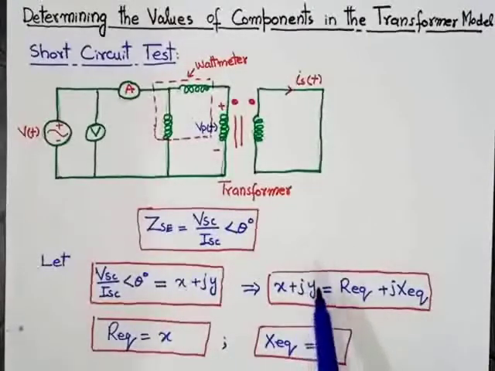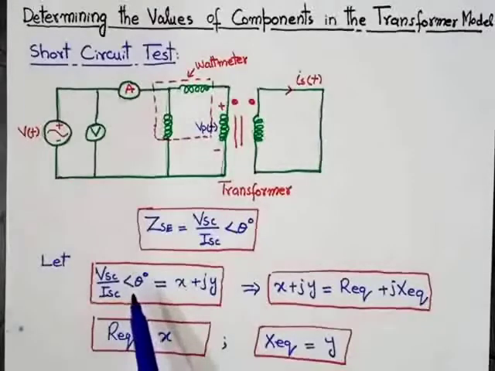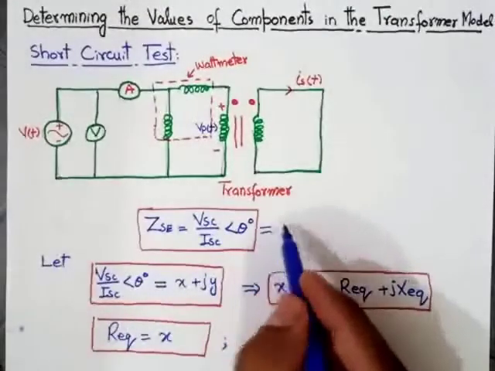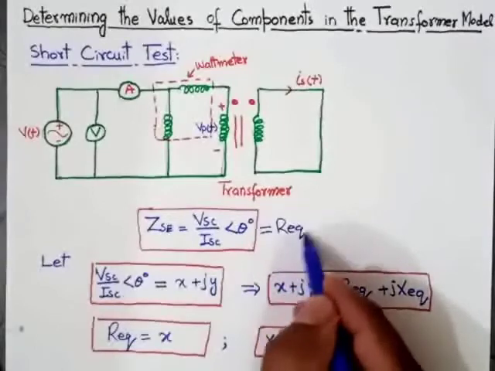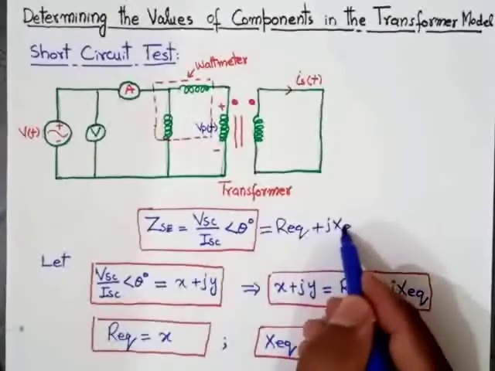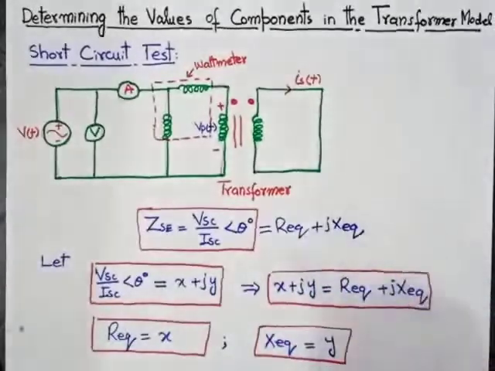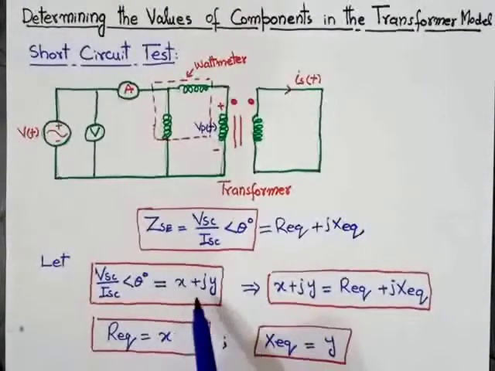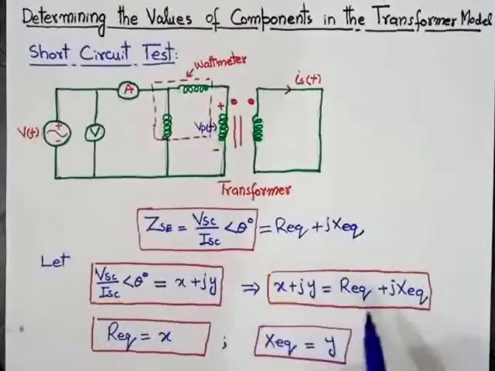Putting the value of V short circuit over I short circuit angle of theta is equal to x plus jy. As we know, this is also equal to R equivalent plus jX equivalent. So x plus jy is equal to R equivalent plus jX equivalent.